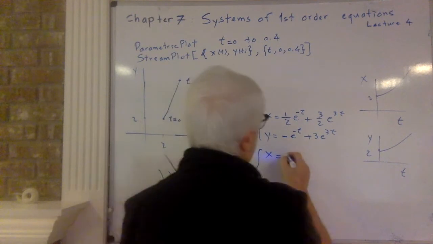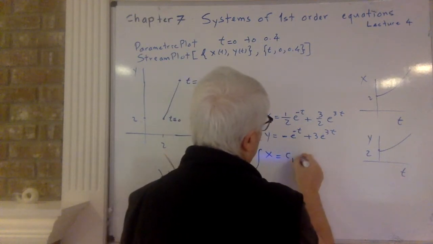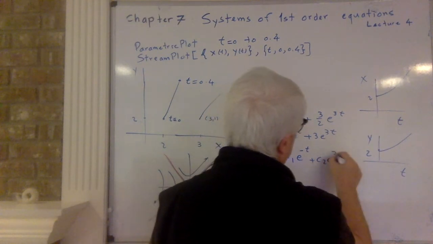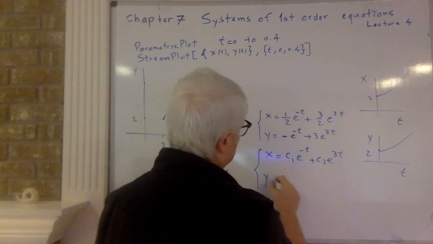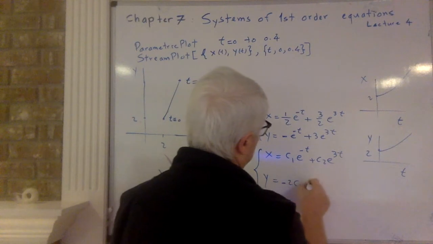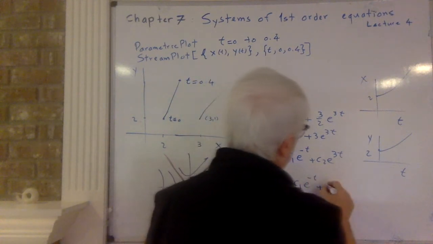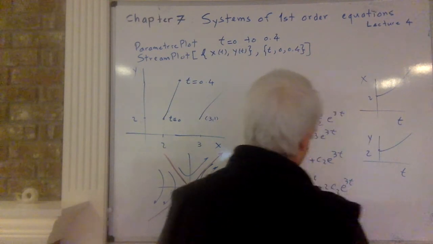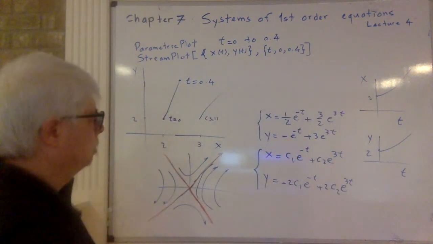x was c1 e to power negative t plus c2 e to power 3t, and y was minus 2 c1 e to power negative t plus 2 c2 e to power 3t. Okay? So that was the general solution.